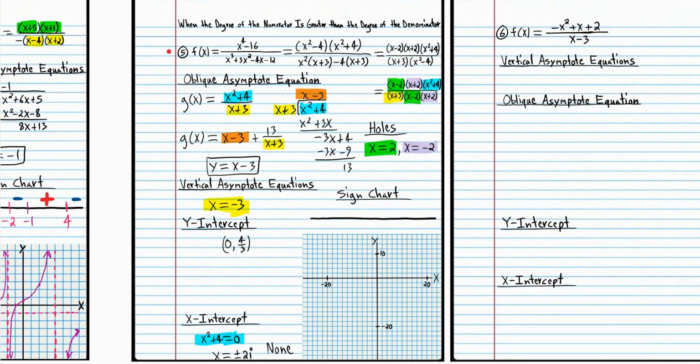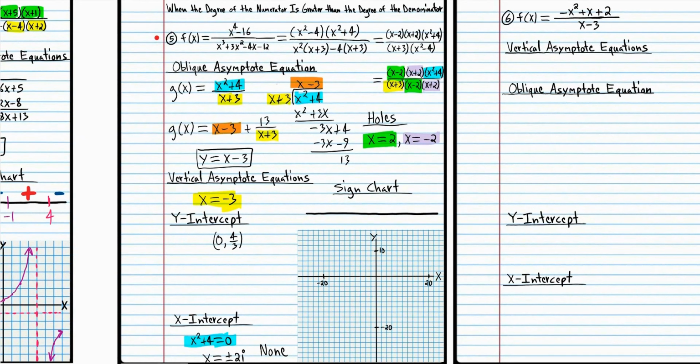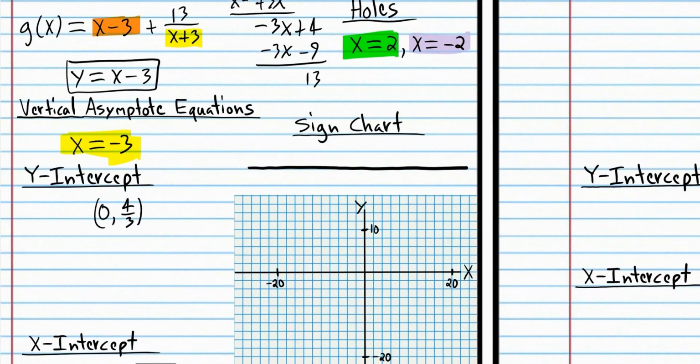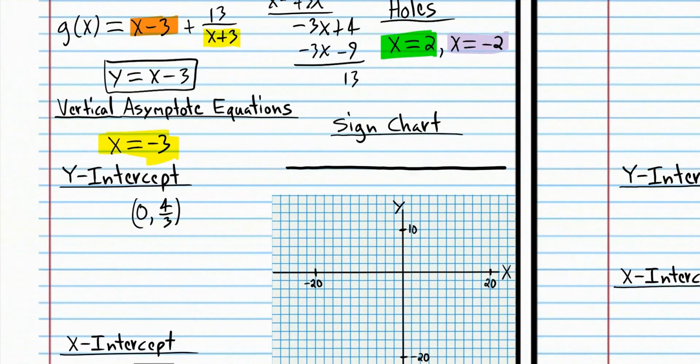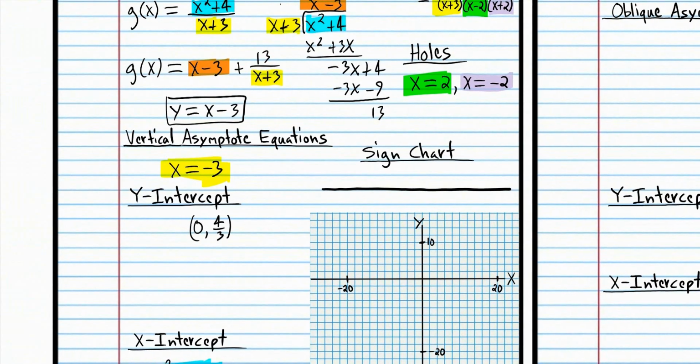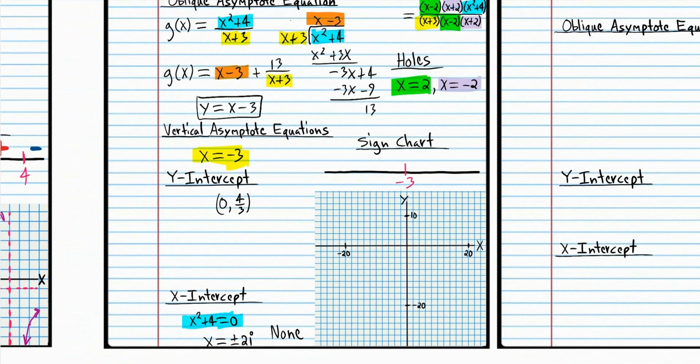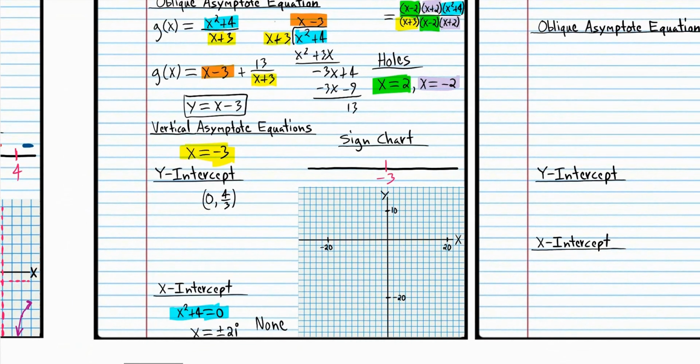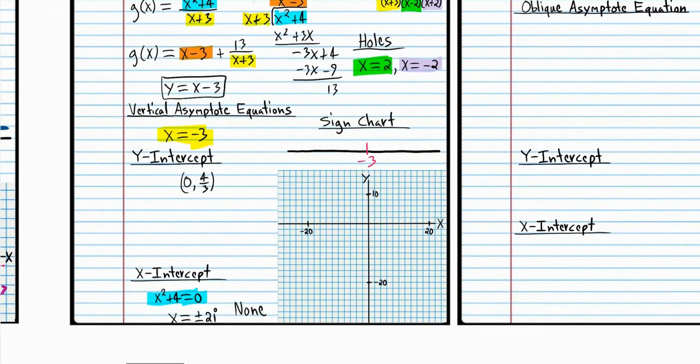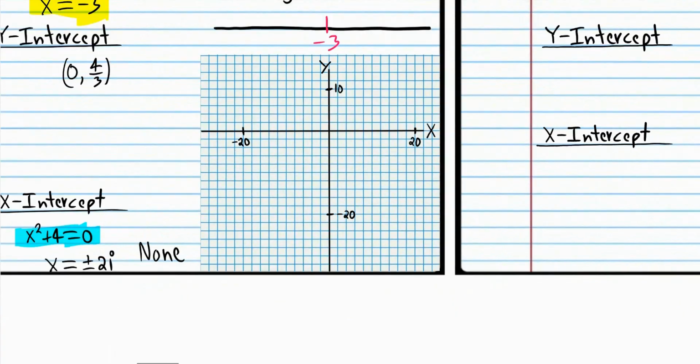Okay, so now we're going to do a sign chart. We have a vertical asymptote at x equals -3, and we have no x-intercepts. So we're pretty much ready to go here.